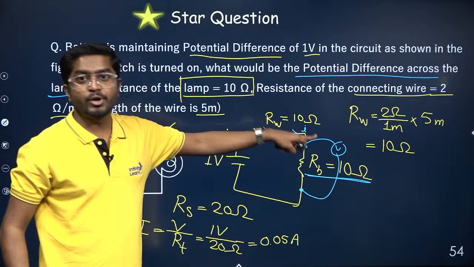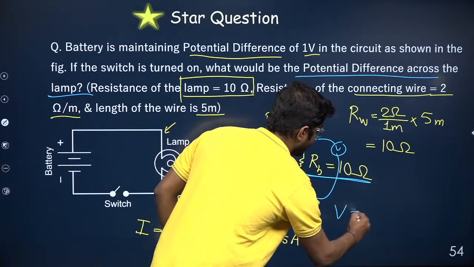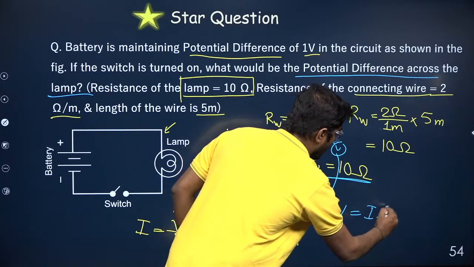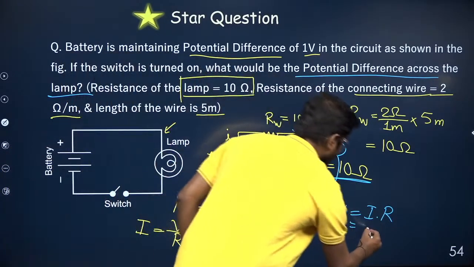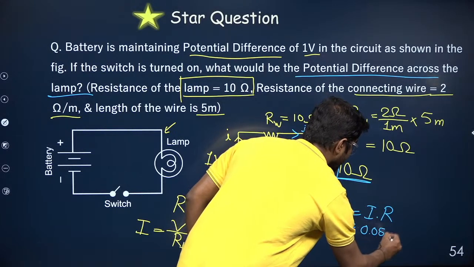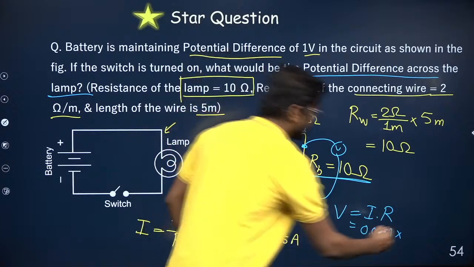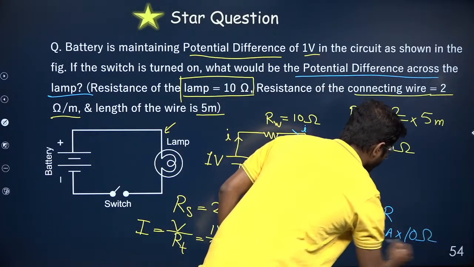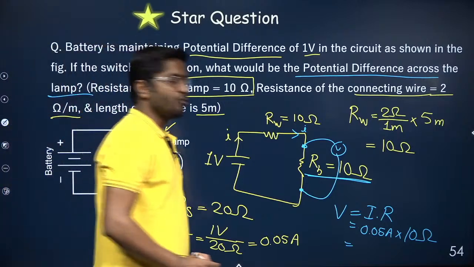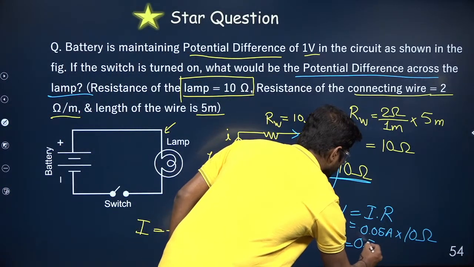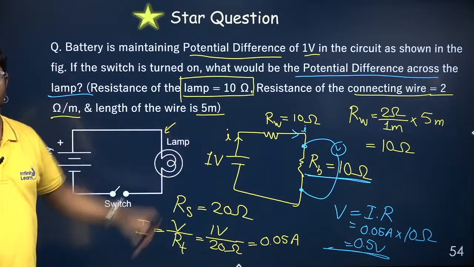So what will be the potential difference across this bulb? So the potential difference would be I times R. So what is I? 0.05 amperes multiplied by resistance value, which is 10 ohms. So this will come out to be how much? 0.5 volts, correct. So this will be the potential difference across the bulb.